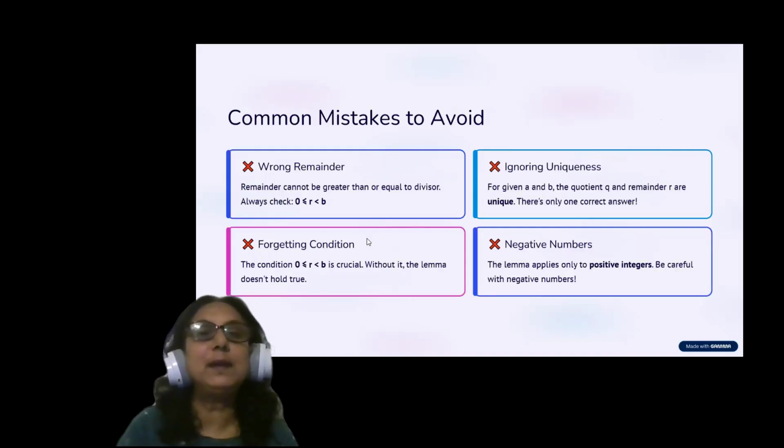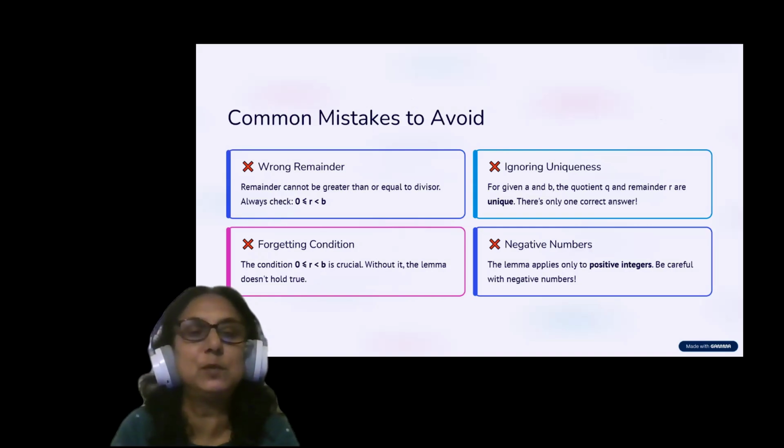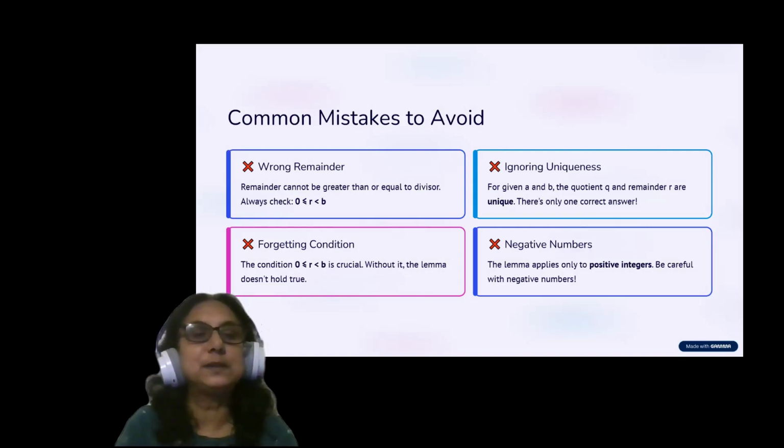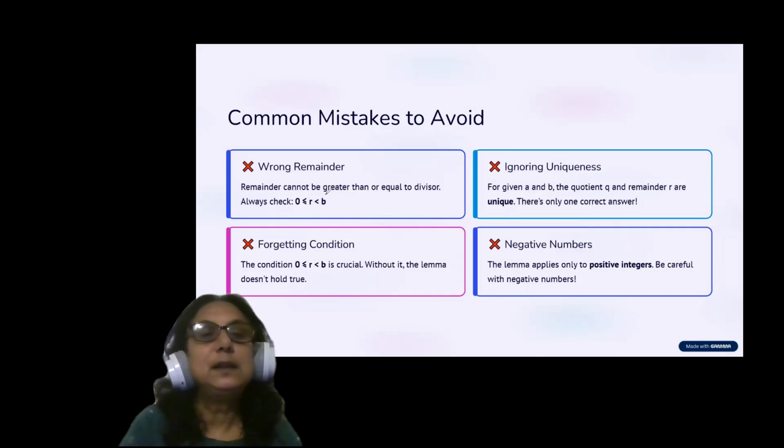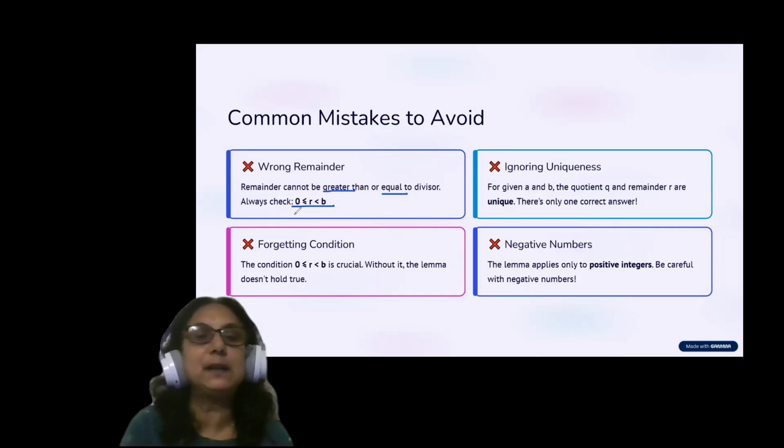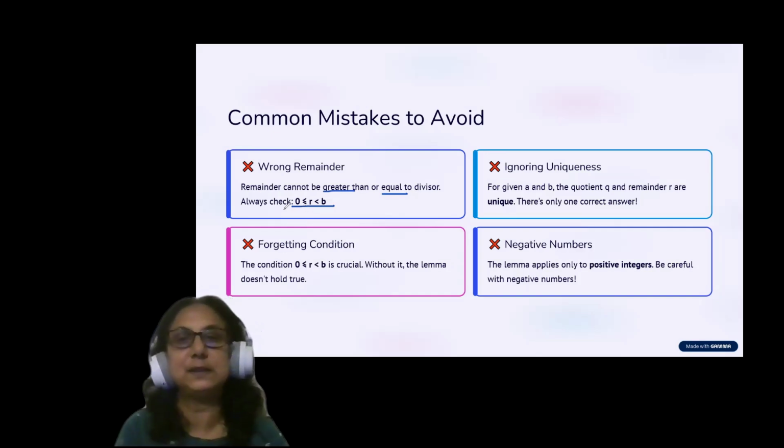What are the common mistakes mostly made? The first is a wrong remainder. Sometimes students take a remainder greater than or equal to the divisor. Always check that the remainder is greater than or equal to 0, but less than the divisor.